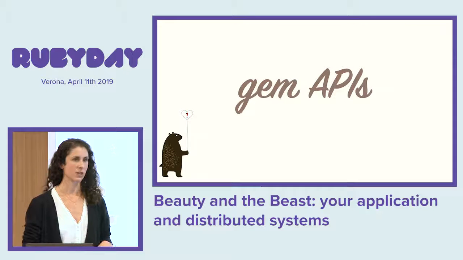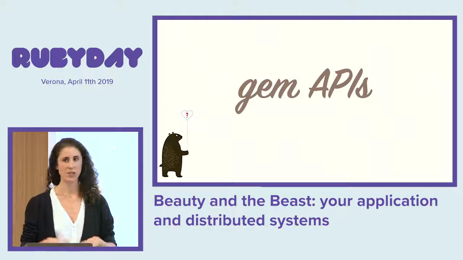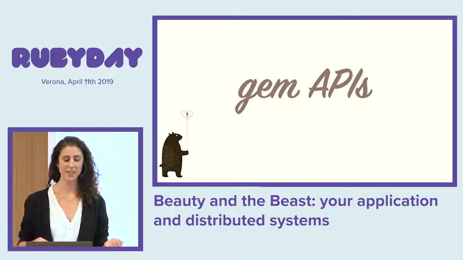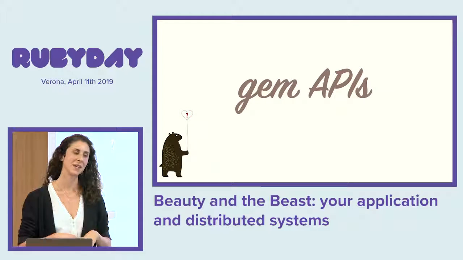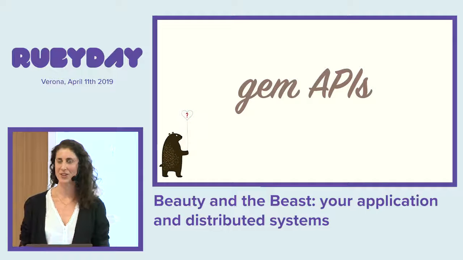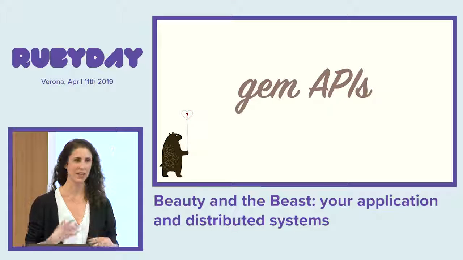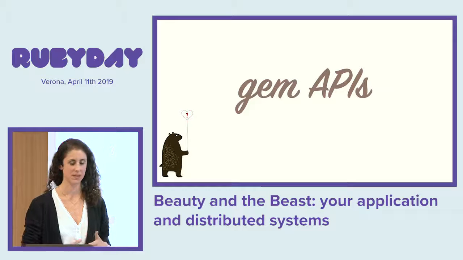I also want to talk about gem APIs because I've worked on gems that interface with distributed systems for a number of years, and I spent a lot of time making APIs so that people can write code to use different techniques and strategies and algorithms with the distributed system.